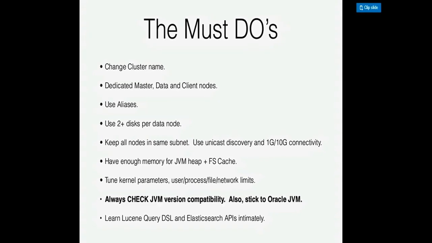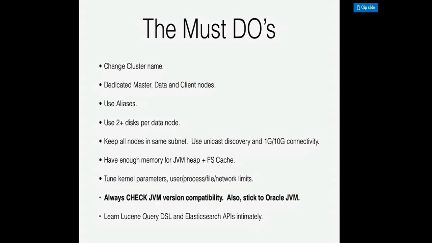Now I'm going to talk about what we must do in Elasticsearch. First, we must change the cluster name, and then use aliases and keep all nodes in the same subnet.